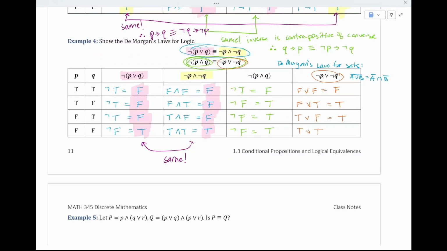And I have true or true, which is true. So here I have these are the same values in my truth table. So these ones are equivalent as well. So we've now shown that second line is true. Not the quantity P and Q is equivalent to not P or not Q. That is De Morgan's laws for logic.